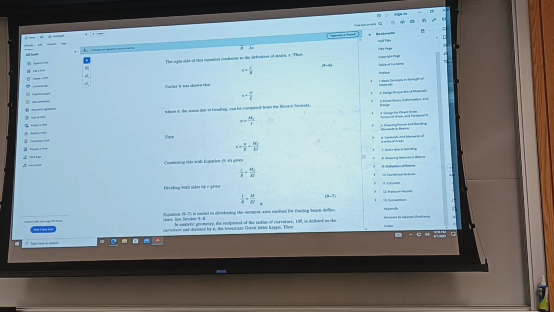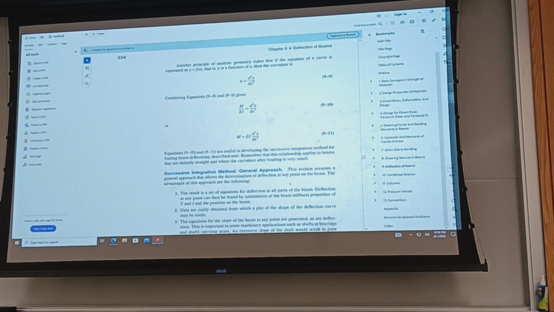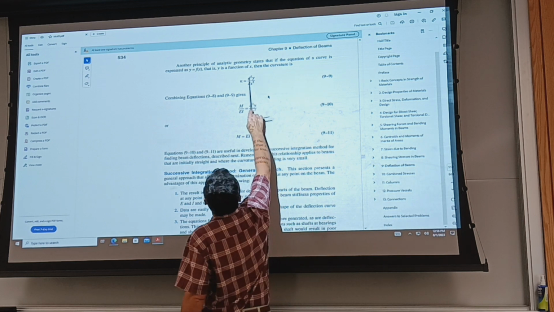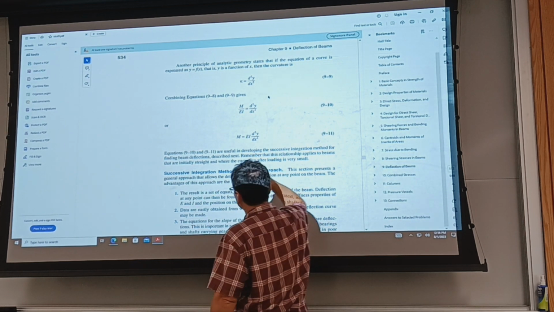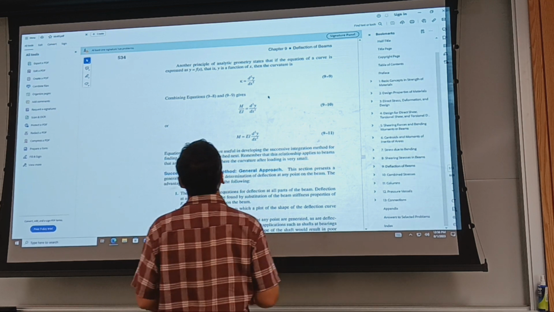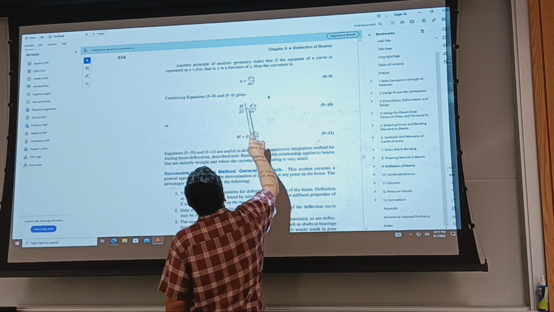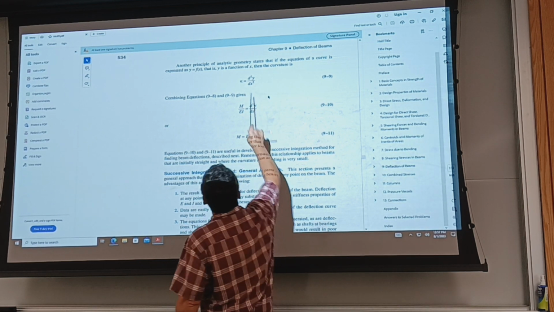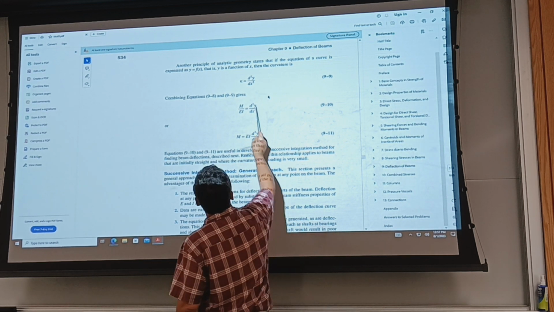And we take 1 over r, which is the curvature. From calculus, curvature is the second derivative of the equation of the curve with respect to x. If you have a 2D graph that says y of x, the curvature 1 over r at any point is this, and ultimately you combine them and we have this.